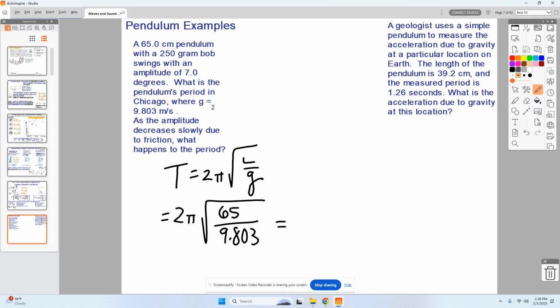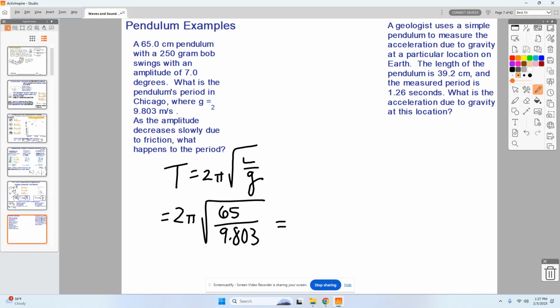I just start plugging things in. I get wrong answers because we do have to pay attention to units. So don't do as I do. Do what you should do. 65 cannot go in that way. If you're going to make a mistake, it's because of units.